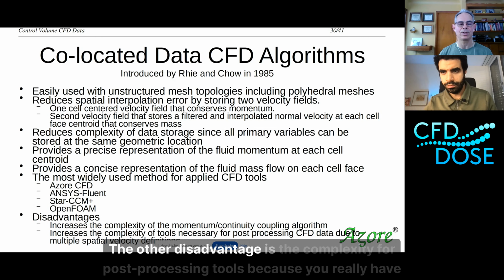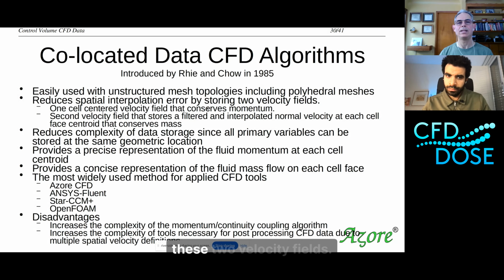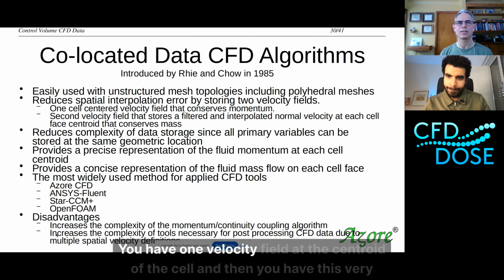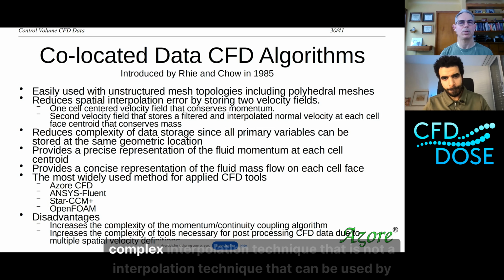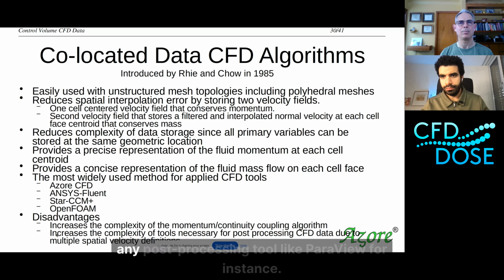The other disadvantage is the complexity for post-processing tools, because you really have these two velocity fields. You have one velocity field at the centroid of the cell, and then you have this very complex interpolation technique that is not an interpolation technique that can be used by any post-processing tool like ParaView, for instance.